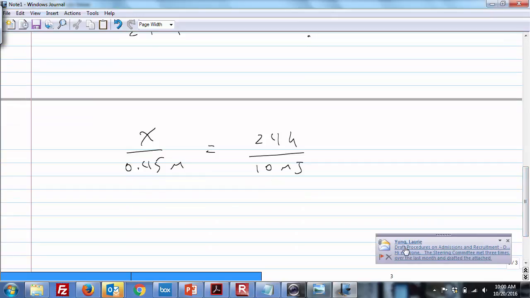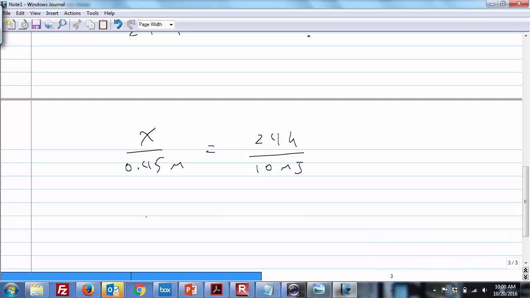So in this case, X equals 0.45 megajoules over 10 megajoules times 24 hours.